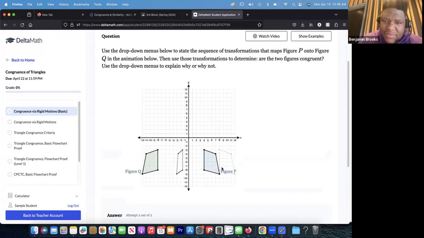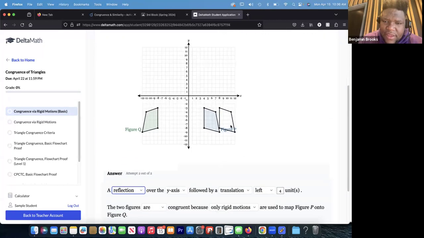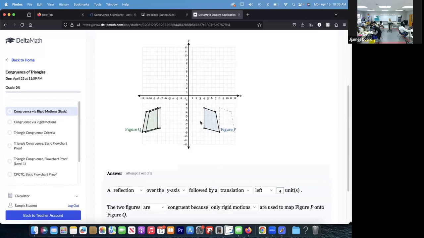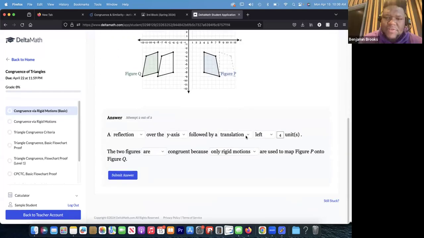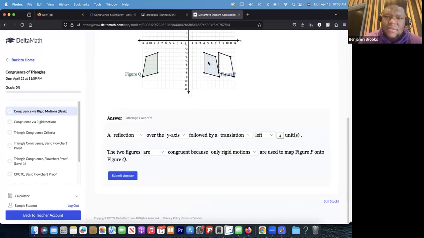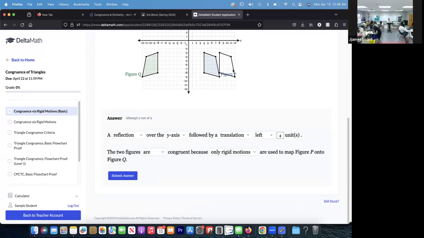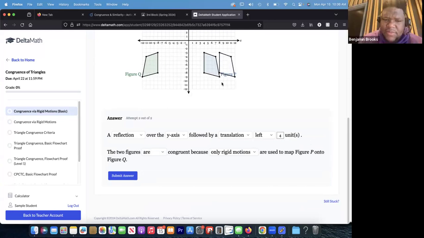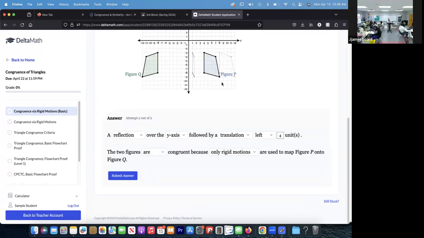Now I done confused myself. They got to go there. Hold on. You gotta put P onto Q. I was trying to get Q onto P. No, it says map figure P onto Q.